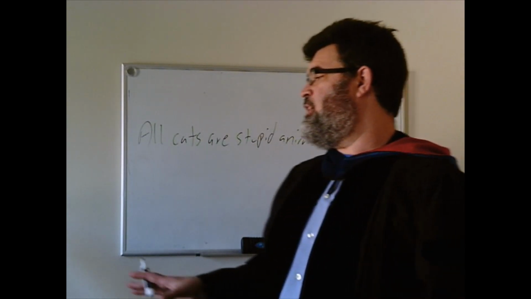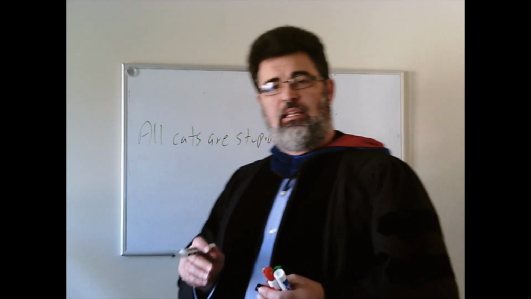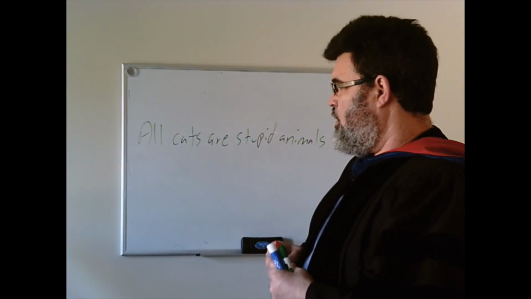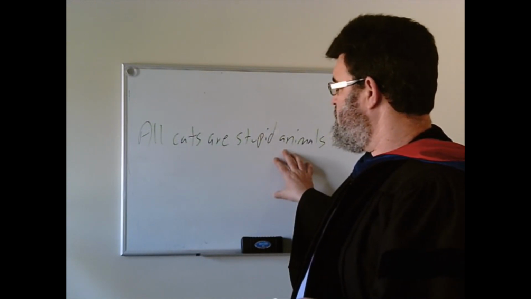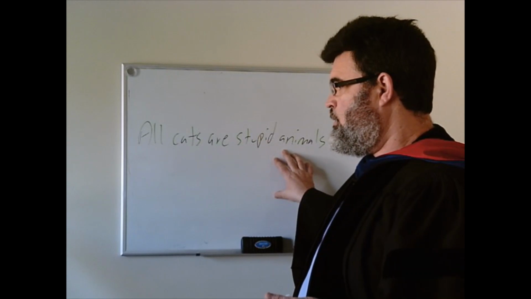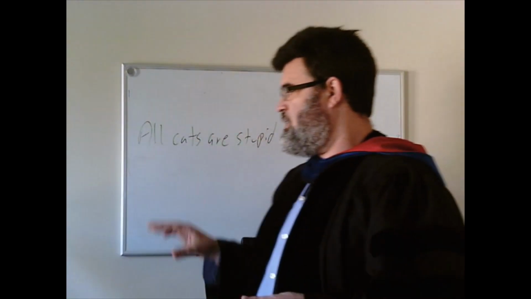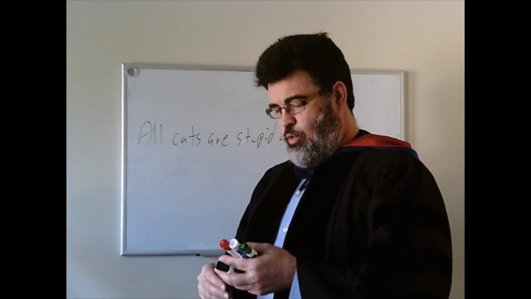But now we've been given the premises of this argument in a different way. So when I'm looking to do a syllogism reduction, I want to start out by putting the syllogism in the right order.